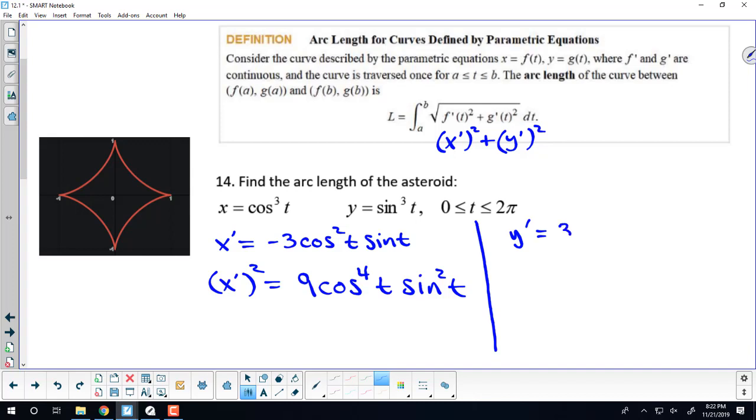Y prime is 3 sine squared t cosine t, chain rule, and then squaring that.